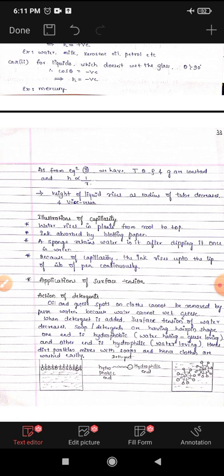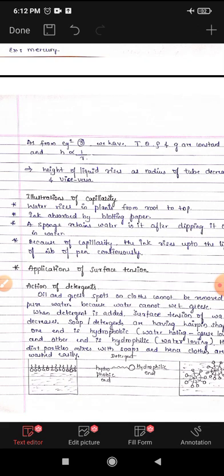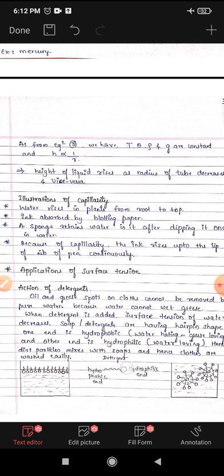We will see. When we add some detergents to that water, these detergents mainly have this type of structure. One end is the hydrophilic end, another is the hydrophobic end.